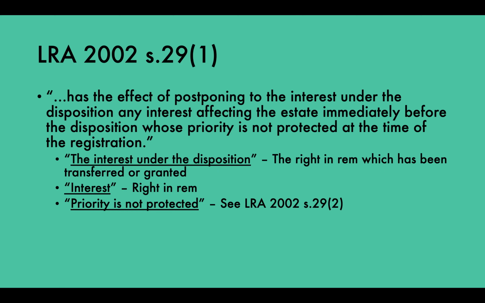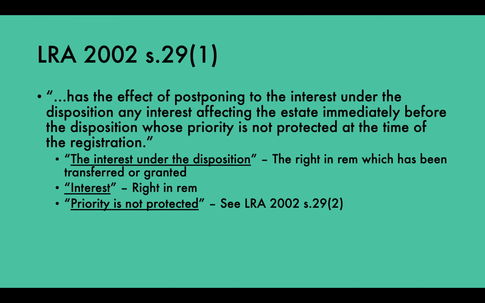So what this means is that we can break this down into the following aspects. The interest under the disposition: the dispositions under section 27, such as the grant of the easement. This is talking about the actual disposition, that is one of the dispositions that's listed under section 27. That is the right in rem which has been transferred or granted, and the interest itself is the right in rem.